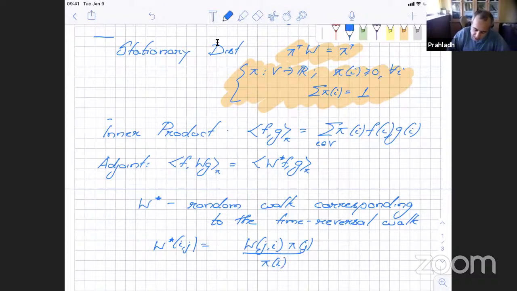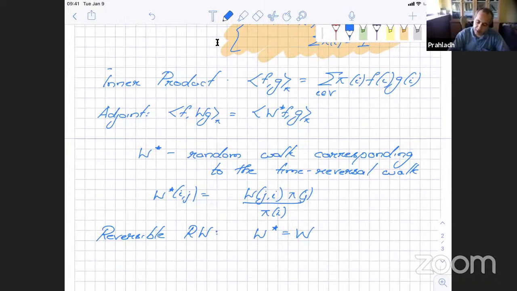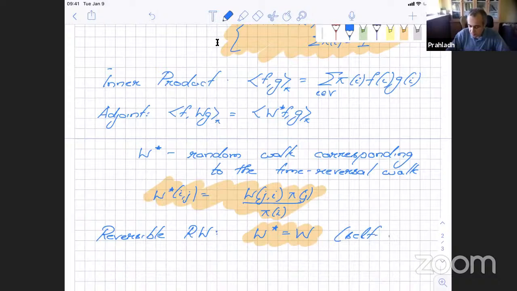This let us define what are called reversible random walks, those for which W star equals W. For them, we do have the spectral decomposition, since they are self-adjoint under the pi inner product.